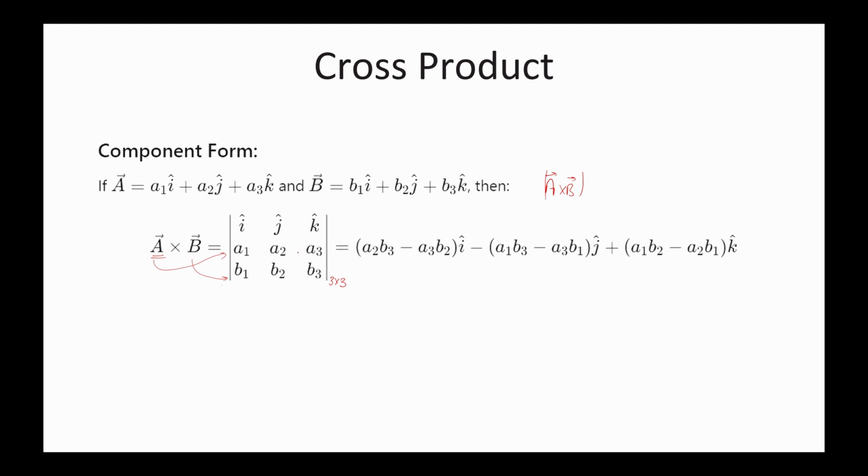And again, calculating the determinant of this is very easy. We simply go for i cap, eliminating this line, A2 B3 minus A3 B2. Then we go for minus j cap, eliminating this line, A1 B3 minus A3 B1, and then k cap, again doing the same thing. So again, another important formula that you must remember about cross product.